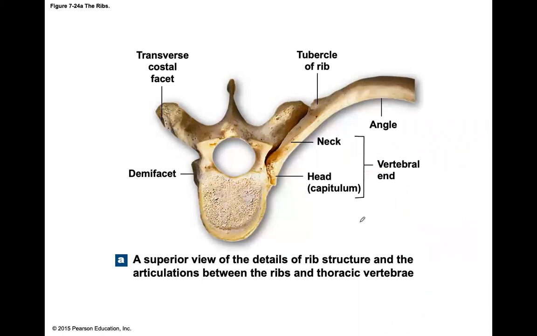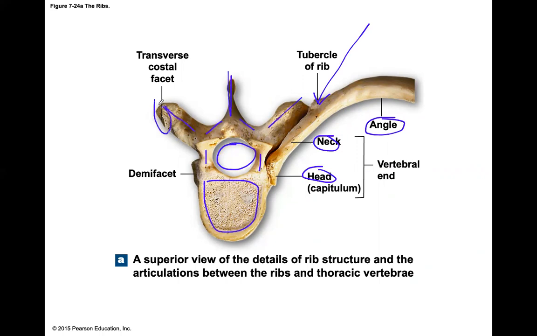From the bird's eye view looking down, again, here's the head of the rib, here's the neck of the rib, here's the angle of the rib, and there's the tubercle of the rib. Here's your vertebral foramen, here's your vertebral body, these are your pedicles, here's your lamina, spinous process, transverse process, and here's the costal facet.